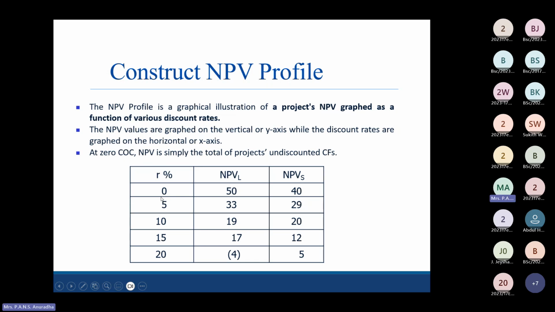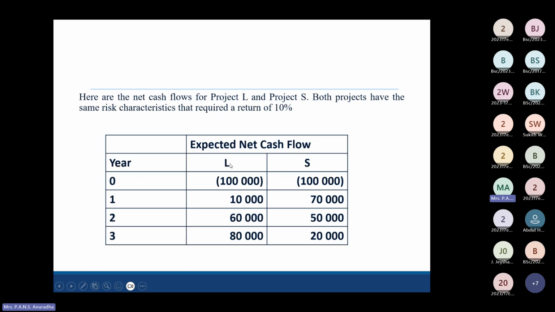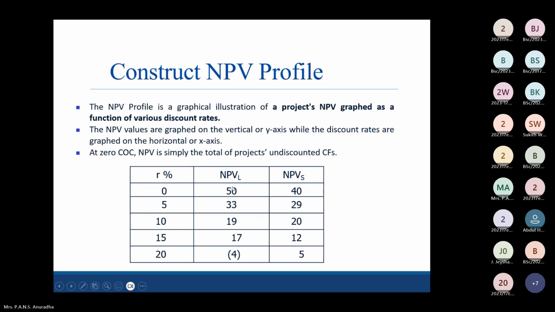Normally at zero cost of capital, NPV is simply the project's undiscounted cash flows, the total of the project's undiscounted cash flows. For project L, the undiscounted cash flow total is 80 plus 60 plus 10, which is 150. Minus the cost of 100, you get NPV of 50,000.